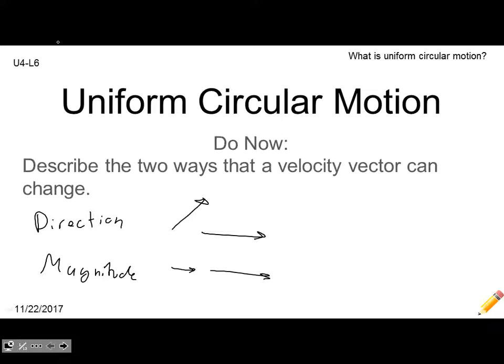What's the special name when you take a velocity and you change it? Caitlin, what is that called when a velocity vector changes?